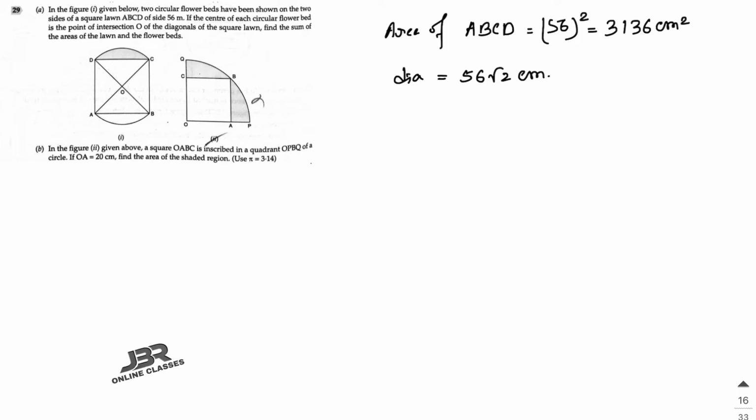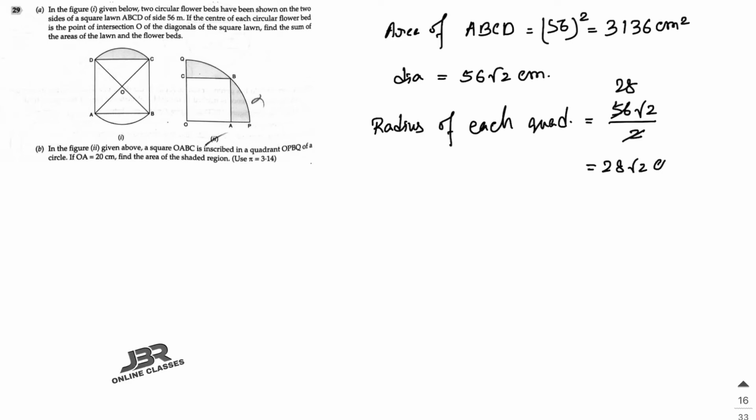I repeat, the radius of each quadrant is half of the diagonal. So radius of each quadrant equals 56 root 2 by 2, it's half, that means 28 root 2. So the area of each segment equals 1 by 4 pi r square.